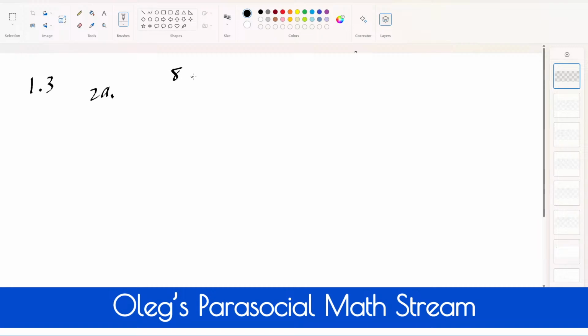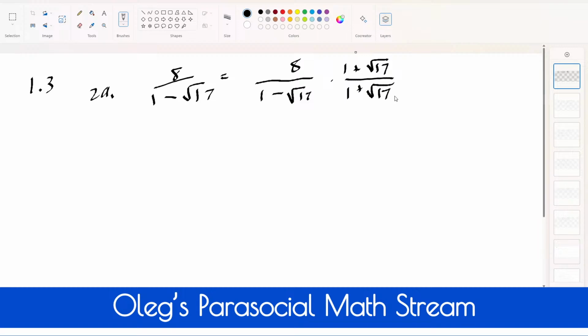We have 8 over 1 minus root 17. So then we're going to say 8, and then we're going to multiply this 1 minus root 17 times 1 plus root 17. You can multiply top and bottom by any number you want.